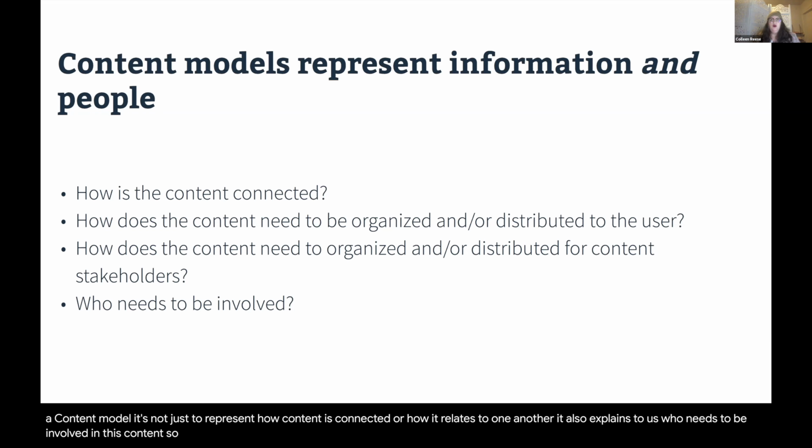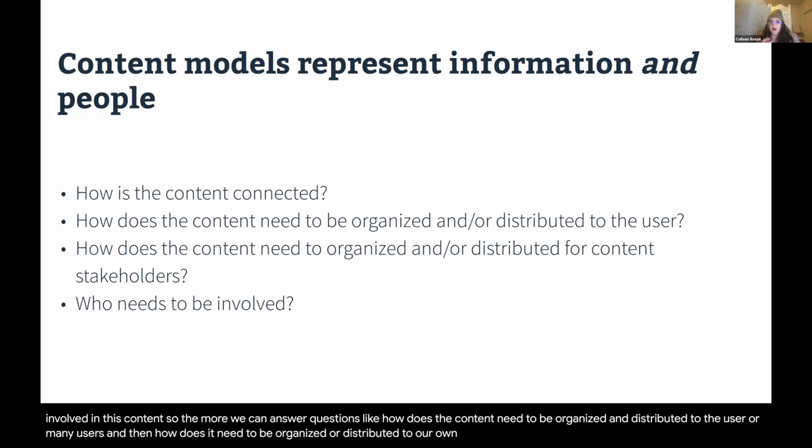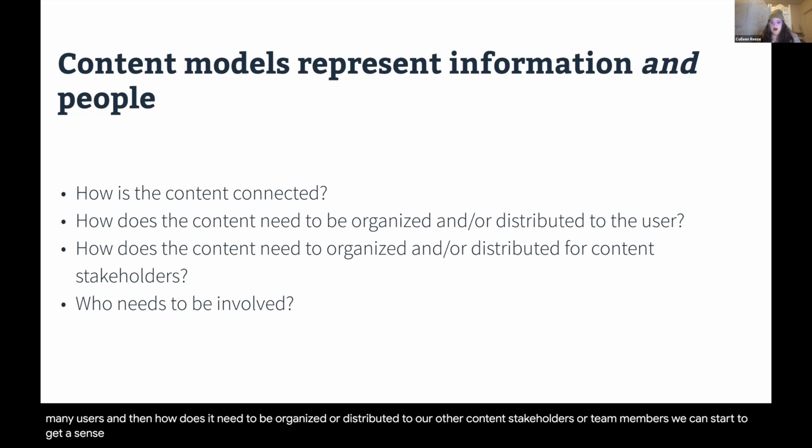So the more we can answer questions like, how does the content need to be organized and distributed to the user or many users, and how does it need to be organized or distributed to our other content stakeholders or team members, we can start to get a sense of the different teams that may need to be involved in our content management. And we'll start to see a little bit more of that people aspect.